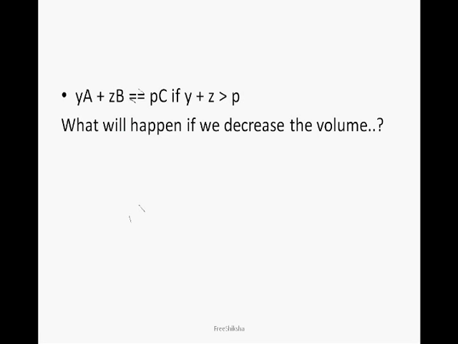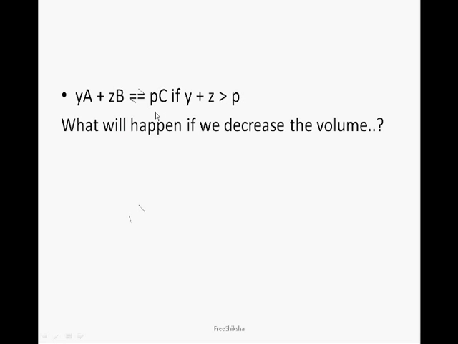This reaction is happening in a container which is full of these reactants and products. If Y plus Z is greater than P, and if we decrease the volume, then the reaction is going to favor the forward direction because P moles are less than Y plus Z, and we are decreasing the volume.